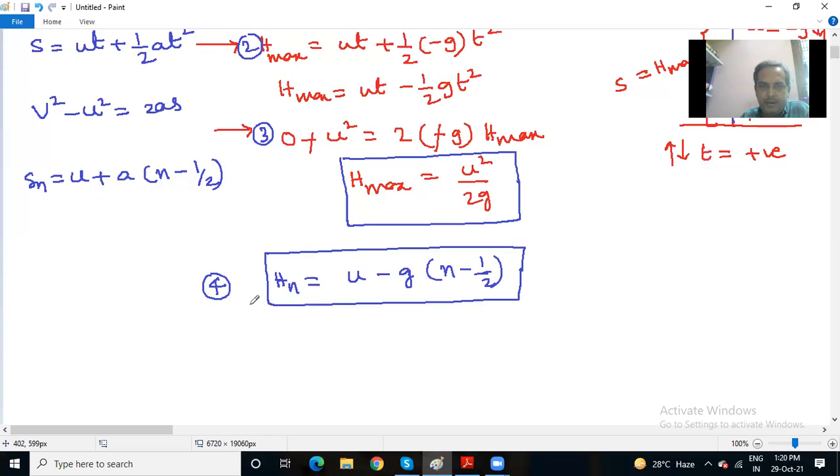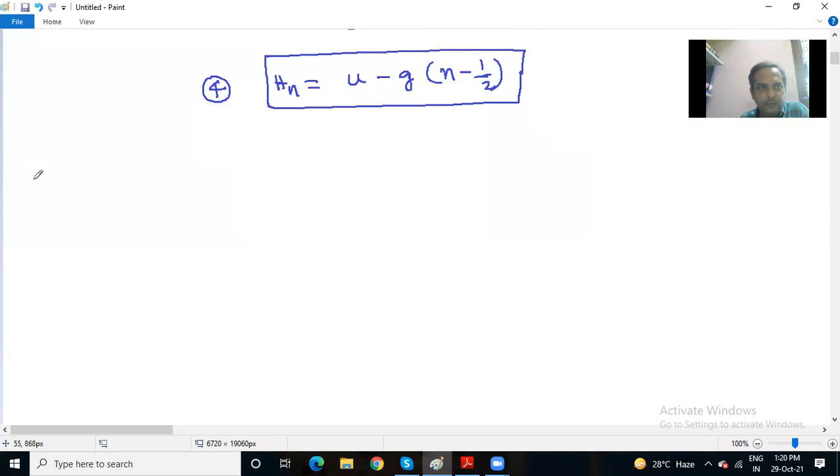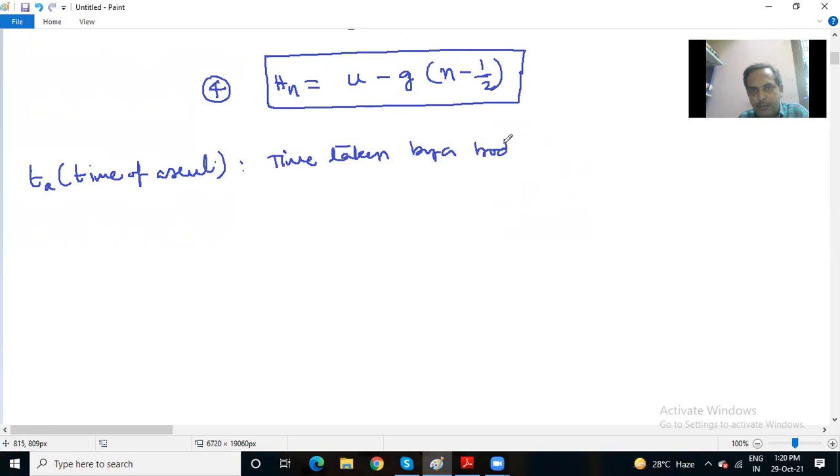Now let me give you the definitions. First, time of ascent: the time taken by a body to reach maximum height in its path.